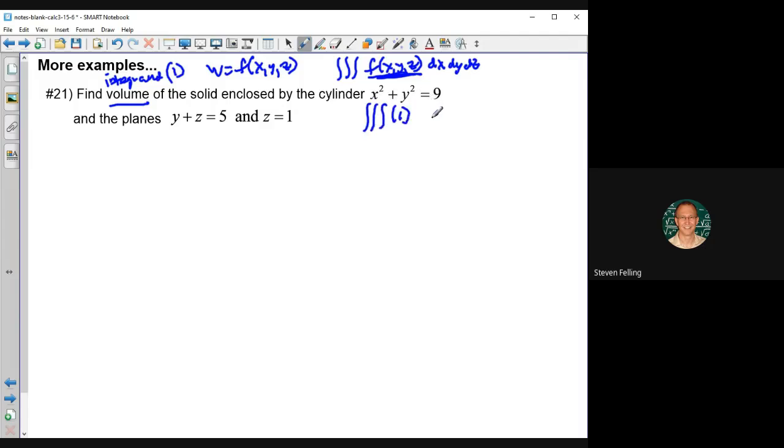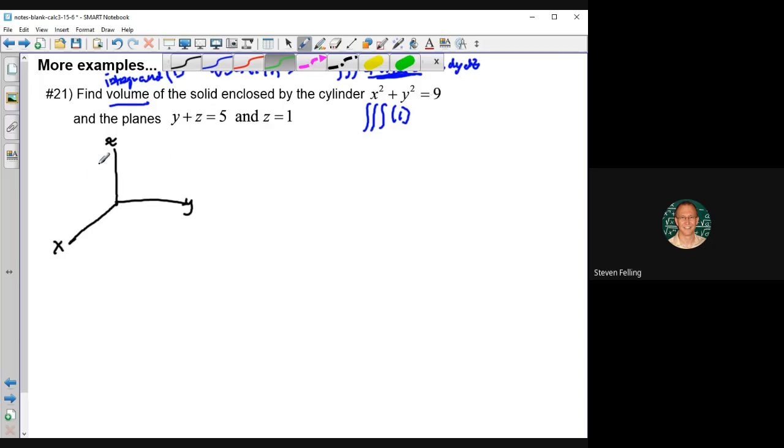And I don't know for sure what we should do for the order. Let's just sketch first, and then we'll make a decision about the order. So what's going on here in the domain? Well, we have a cylinder, x squared plus y squared equals 9. z is unspecified, so it goes forever in this direction, and the radius would be 3.